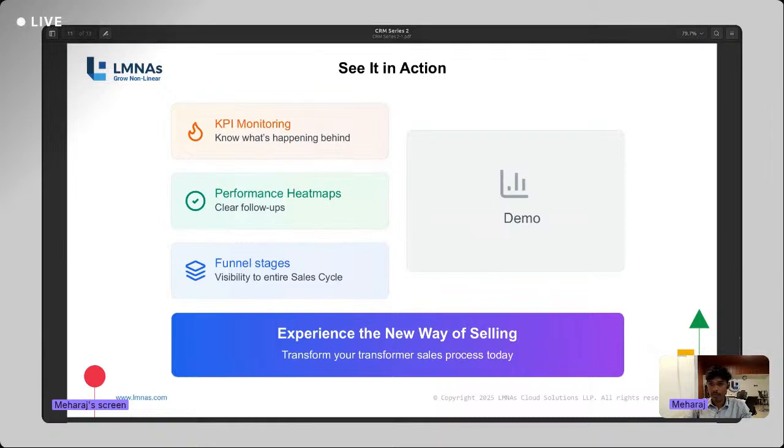So we will get into the actual demo. I'll share my screen. Let me know if you are able to see my screen.